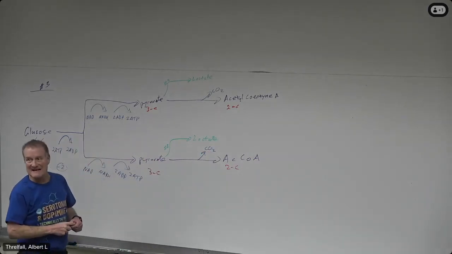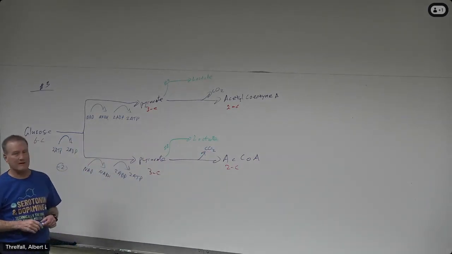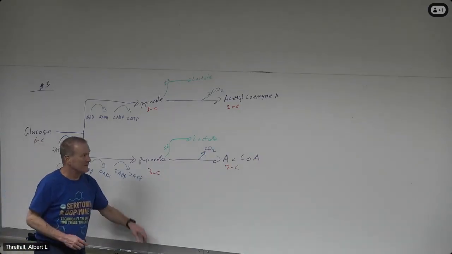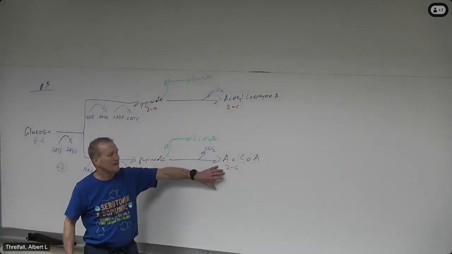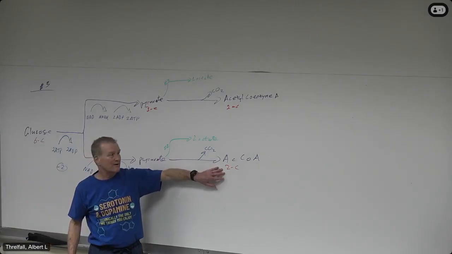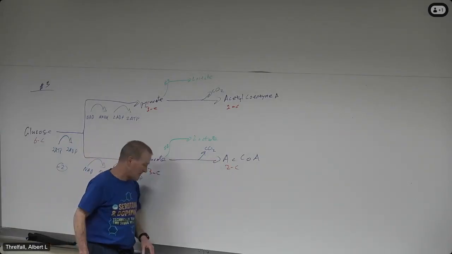Coenzyme A is added. It goes in as a substrate. It's an enzyme, just like sucrase breaks down sucrose. So coenzyme A is an enzyme. The 2-carbon component is not acetyl coenzyme A. The 2-carbon component is acetyl.